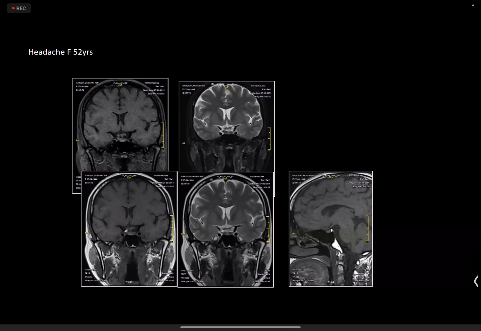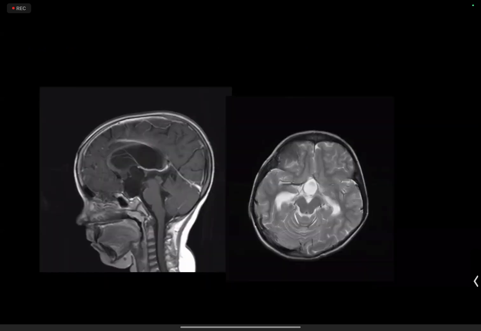Ma'am, there is T1 hyperintensity in the right parasellar region. The posterior pituitary bright spot and the adenohypophysis appear normal. Diagnosis, please. Ma'am, I'm not sure. Lipoma. It could be a lipoma or a dermoid. This is an incidentally seen finding.